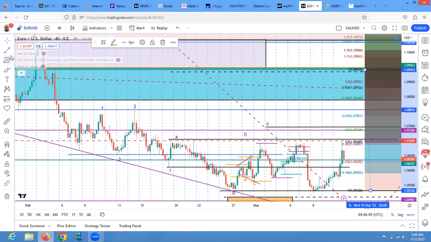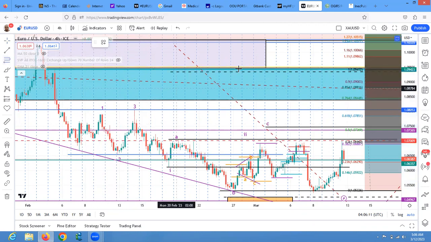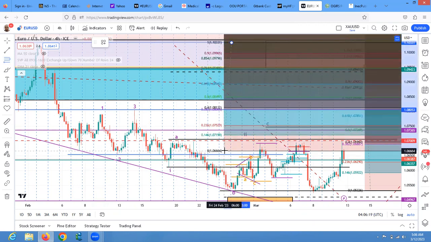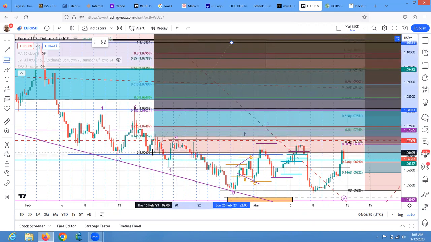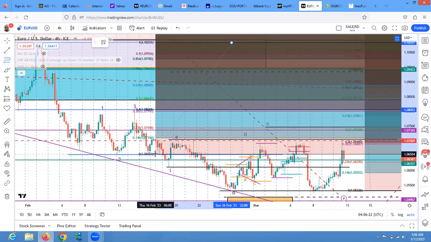You must know that. Let's look at it. The price came from here to this level, which is here. So this is at 40. And it didn't reach 50, you can see here.